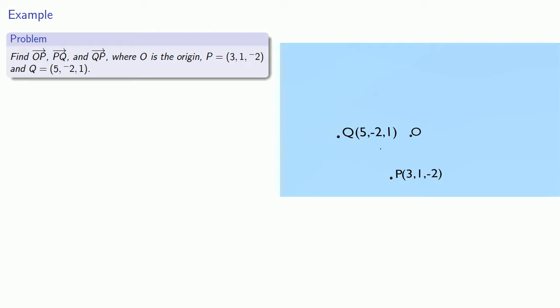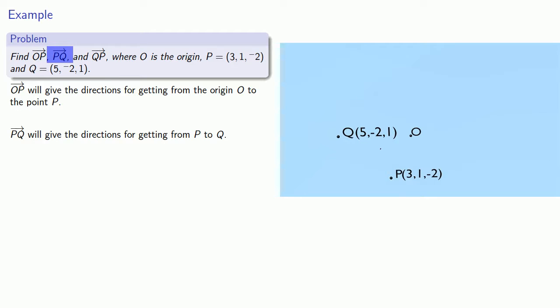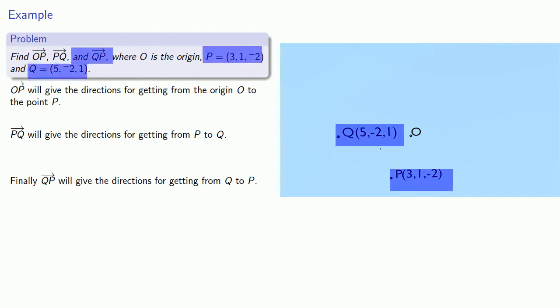We'll find the vector OP, that's the vector that gives us the directions from the origin to the point P, where, as a reminder, we have an arrow pointing from O towards P. Let's also find the vector PQ, that's the vector that gives us the directions from the point P to the point Q. And finally, let's find the vector QP. Those are the directions for getting from the point Q back to the point P.